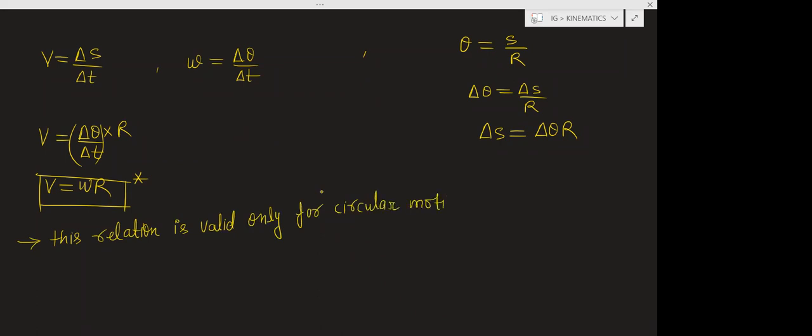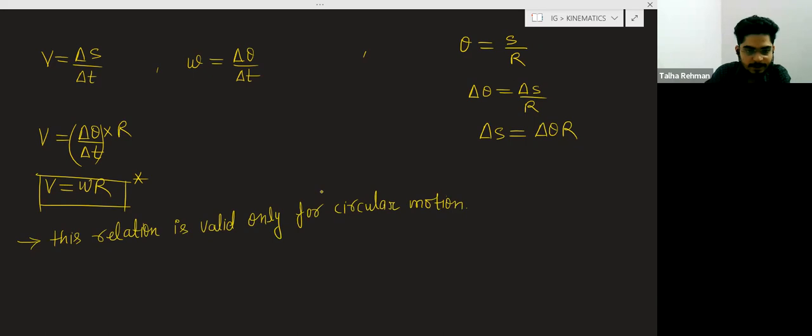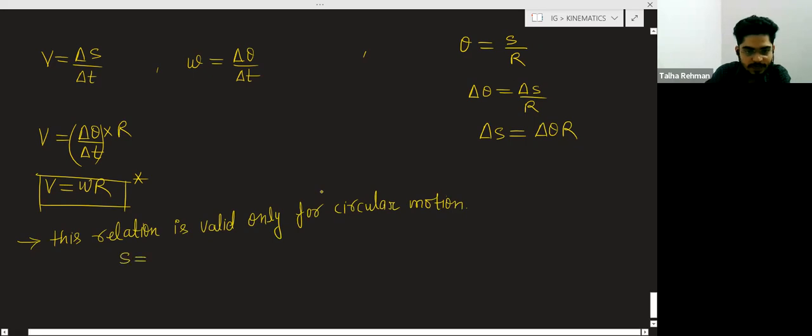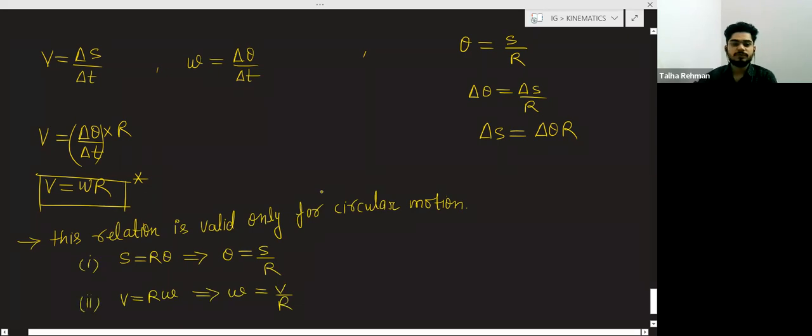S is equal to r theta, or theta is equal to s by r, and one more relation, v is equal to r omega, or omega is equal to v by r. So both these relations are valid only for the circular motion.